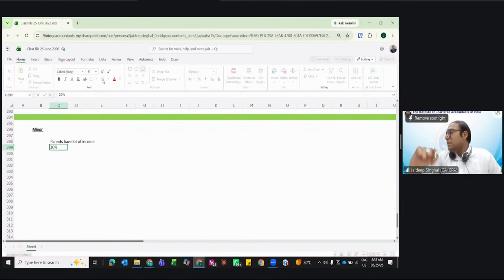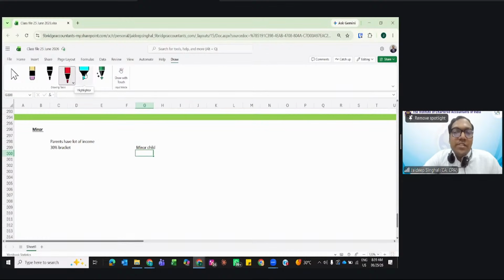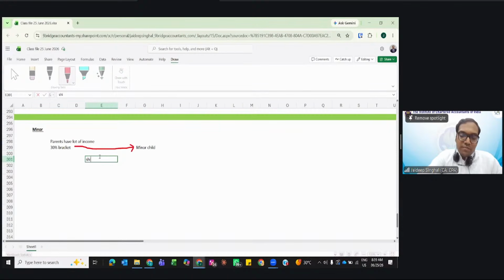Both the parents are earning good, they are in the 30% bracket. They have a minor child, and they try to shift income to the minor child. Let's suppose they give a gift to the child and create FDs in the name of the child. They shift income to the child.